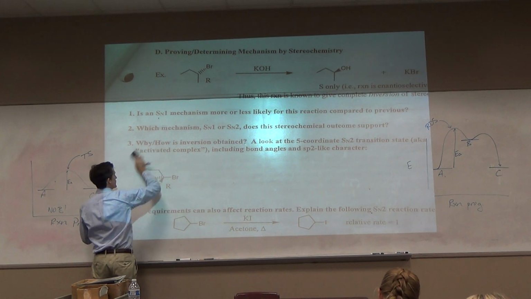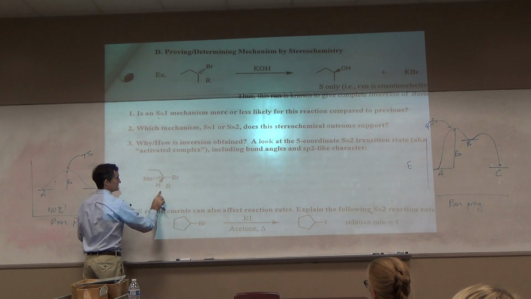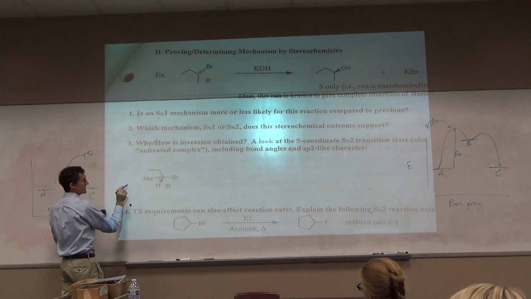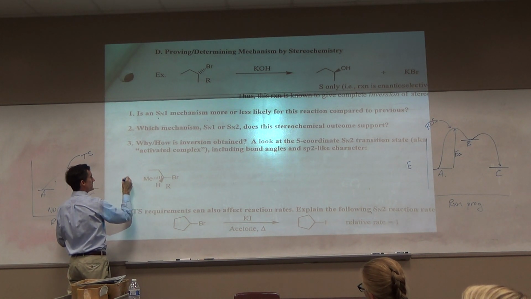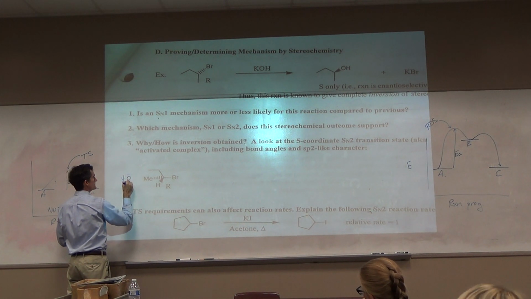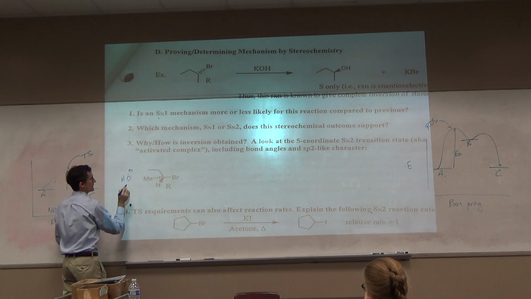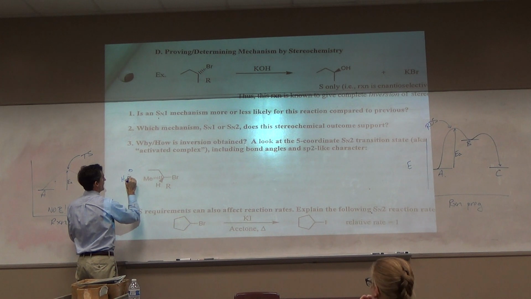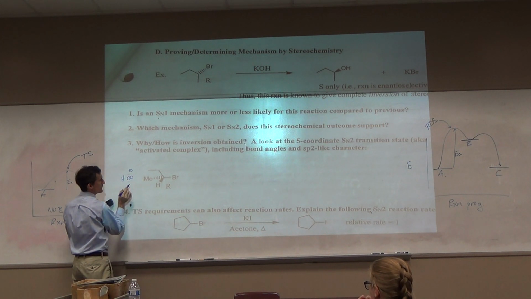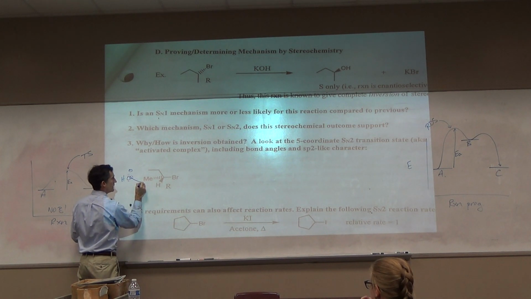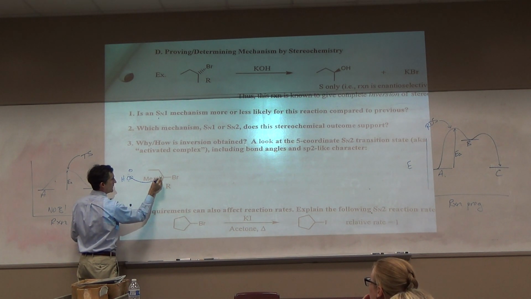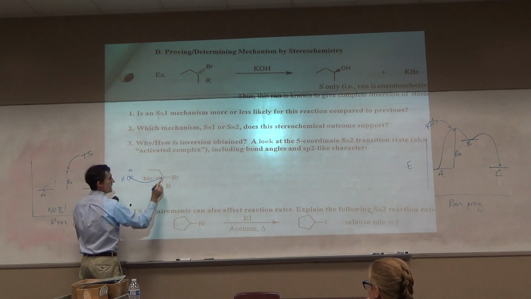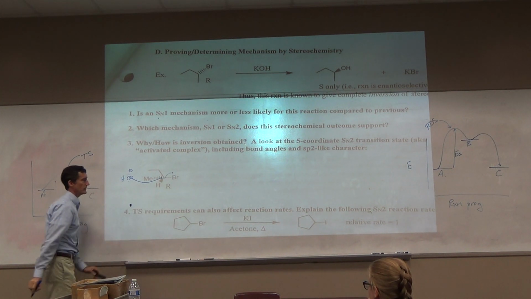Here I have the leaving group in the plane. The hydroxide comes in behind compared to the carbon. It comes in from over here, right behind here. Now it has to come in between these groups. Kick this off.